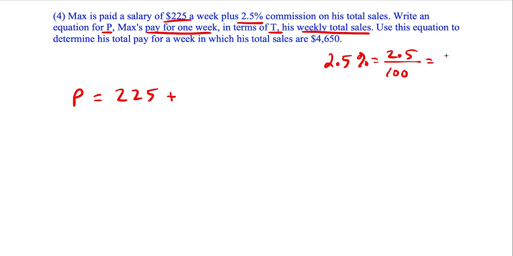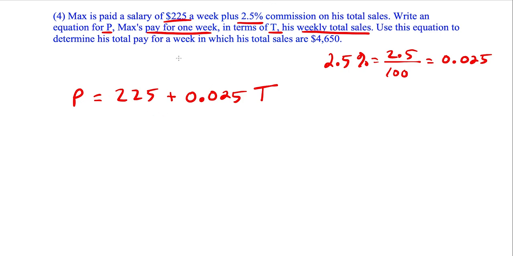And if we convert this to a decimal, this is going to be 0.025. You could just type this in a calculator, 2.5 over 100, or just move the decimal 2 spaces to the left to get this. So we're going to have 225 plus 0.025 times capital T. These are the letters we have to use, but remember, Max is making 2.5% commission on total sales, and total sales is capital T. So this is the equation that we need.